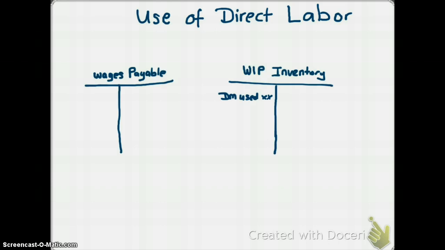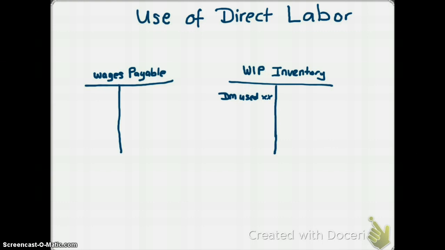Next, let's take a look at the use of direct labor. Again, if you remember, direct labor can be directly traced to your product. In this case, the two accounts affected are wages payable and work in process inventory. As you know, work in process inventory already has direct materials used. Remember, work in process inventory is where we keep track of all the direct materials, direct labor, and manufacturing overhead once product is in production.